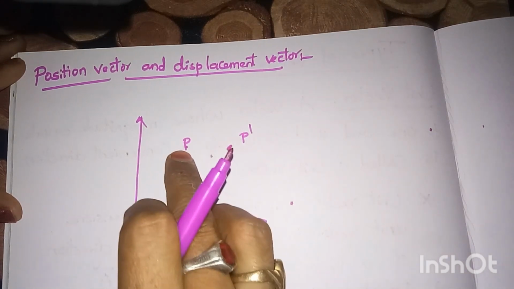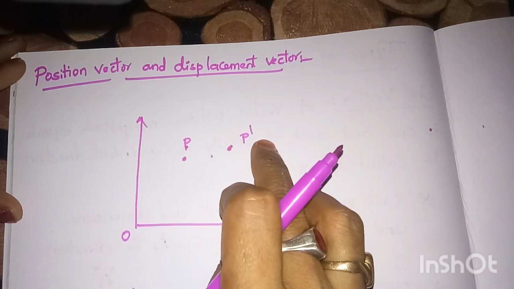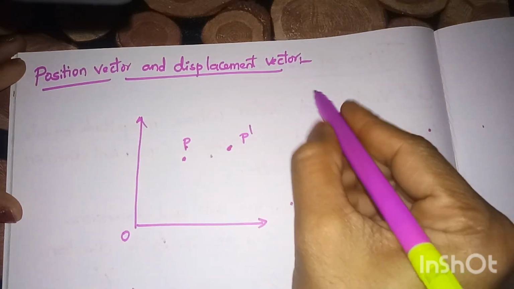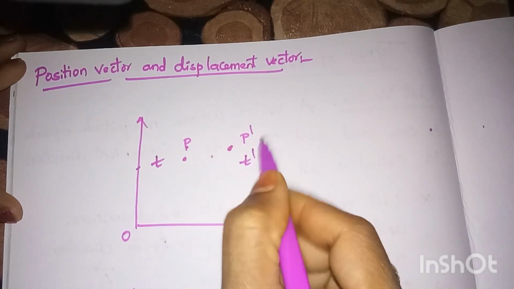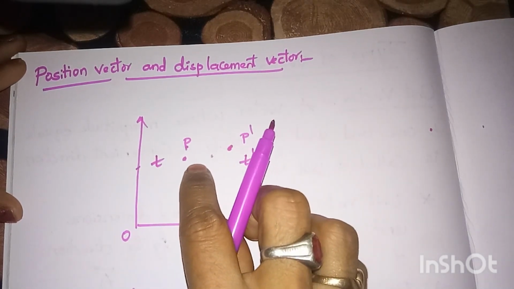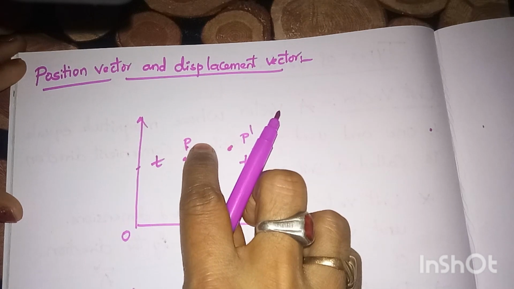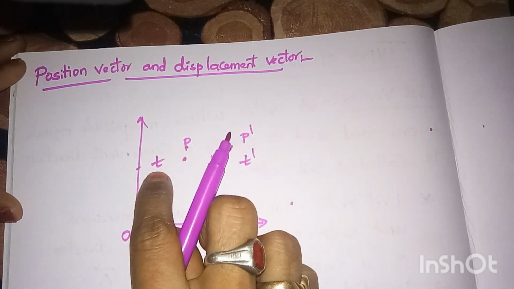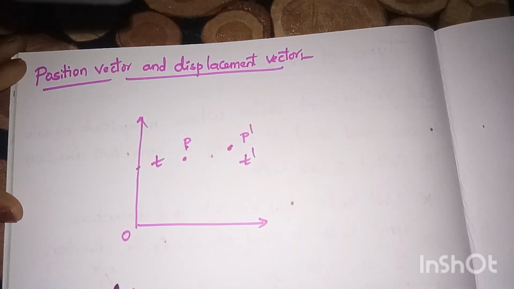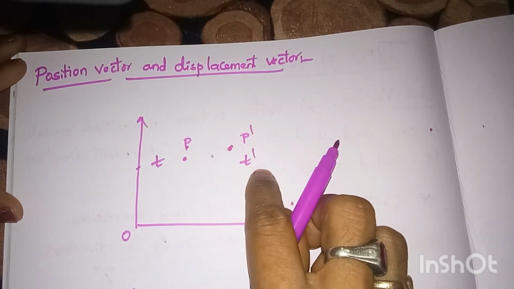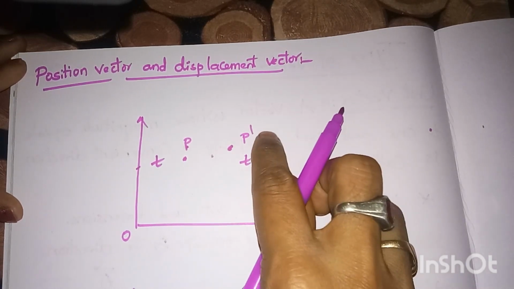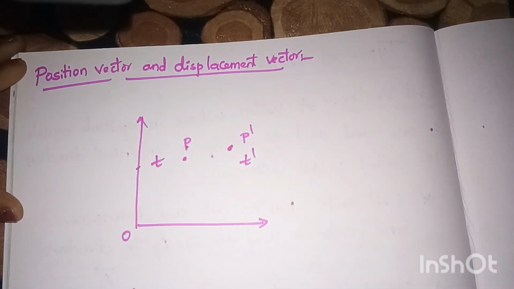Here P and P dash are the positions of the object for time T and T dash. So the object is at position P, the time taken is T from the origin. And T dash is the time taken by the object to reach the point P dash from origin.